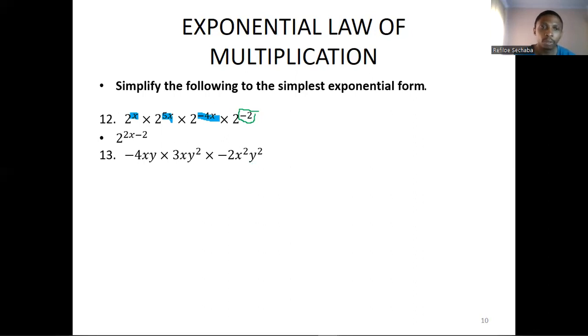Remember I said to multiply the coefficients first, so you will multiply minus 4 with 3 with minus 2. That will give you how much? Those are just numbers, just integers. So you're going to have minus 4 times 3. Minus 4 times positive 3 gives you minus 12.